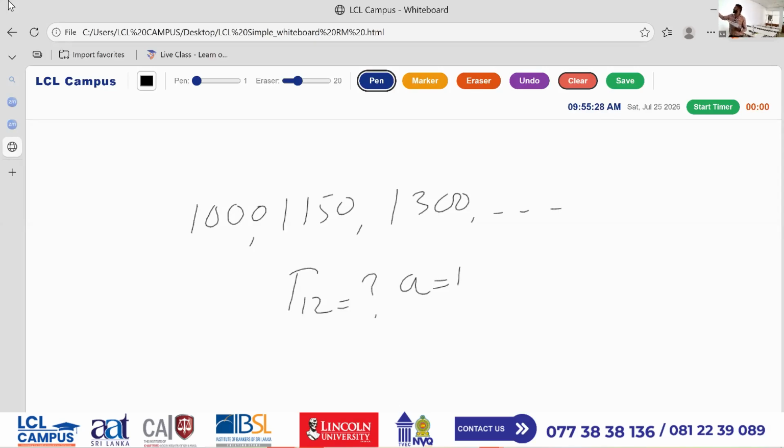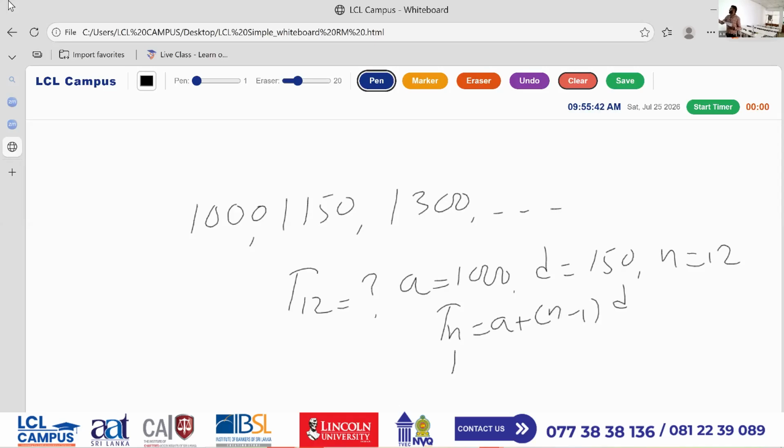a equals 1000, d equals 150, n equals 12. Using the Tn formula, find it. Tn equals a plus n minus 1 into d. T12 is asked, the 12th month from the month of joining. 1000 plus 11 into 150.